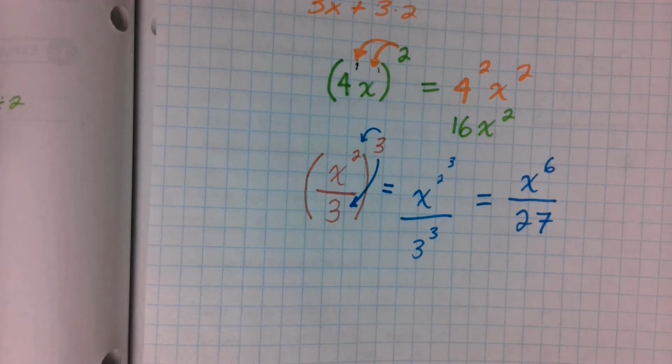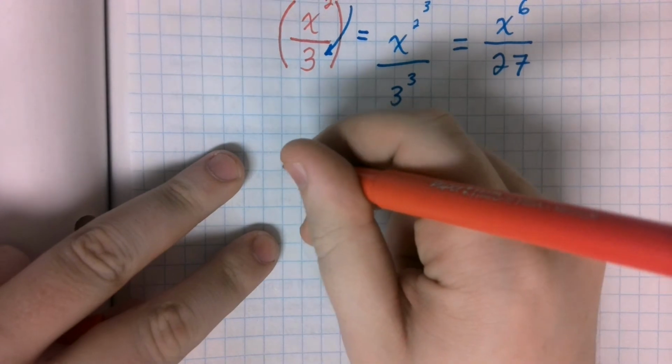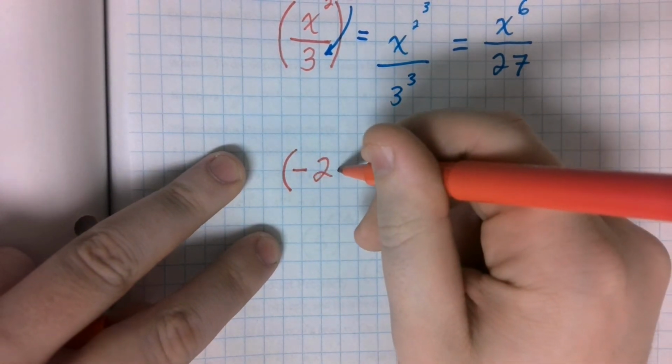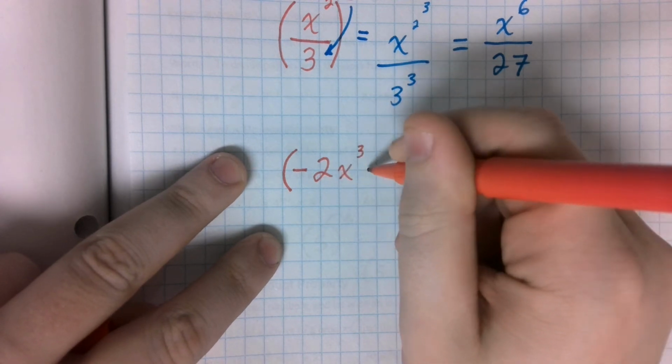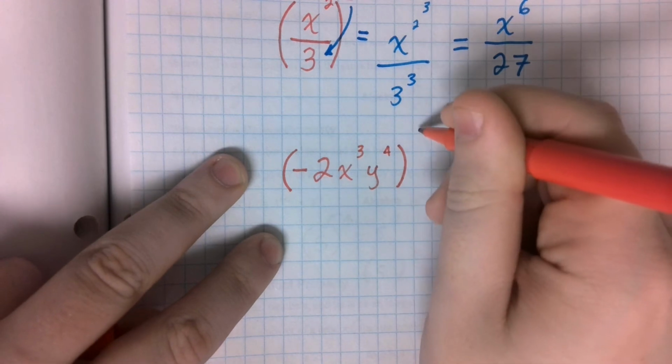There is another type of problem I'm going to give you, and this is the toughest type of problem that you might see. So bear with me. What if I gave you something like this? Let's say negative 2x cubed y to the 4th raised to the 5th power.